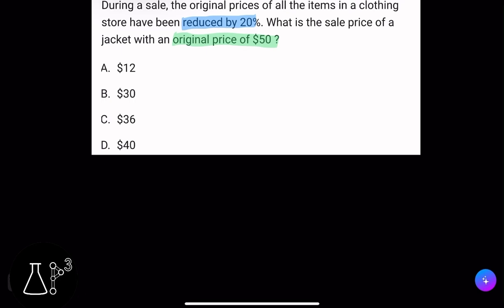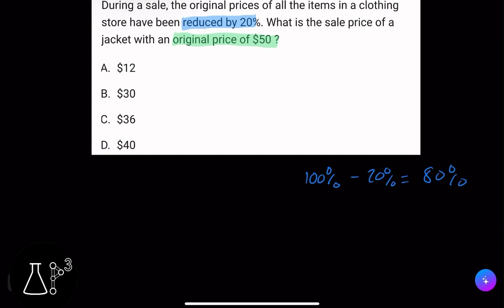But why not 0.20? Well, the original price is 100% of that value, and it reduces by 20%, which means that the new percentage will be 80% of the original price.